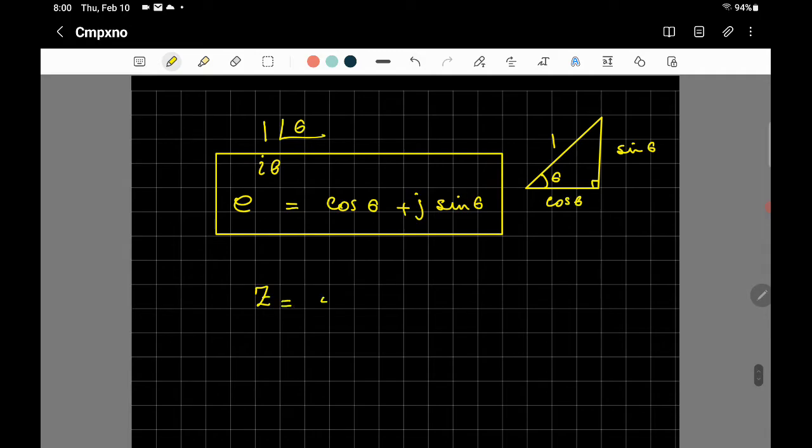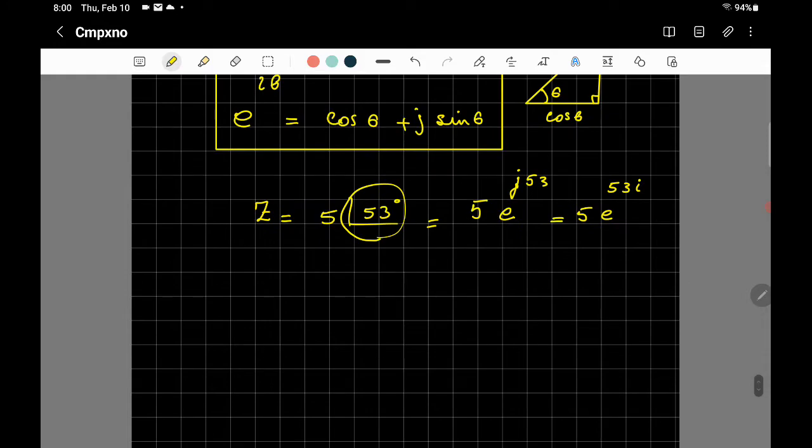Z, which is equal to 5 and angle 53, will be written using the Euler identity: 5, that's the length, and the angle will be e to the power of i 53. You can say j, it's okay, I say j, or you can write it as 5 e to the power of 53 i. So let's just take one simple example.